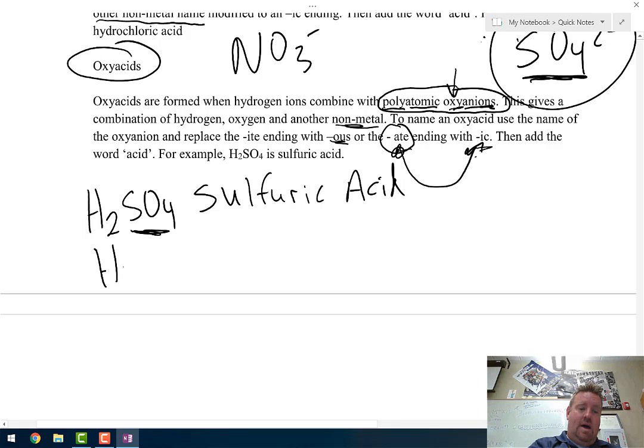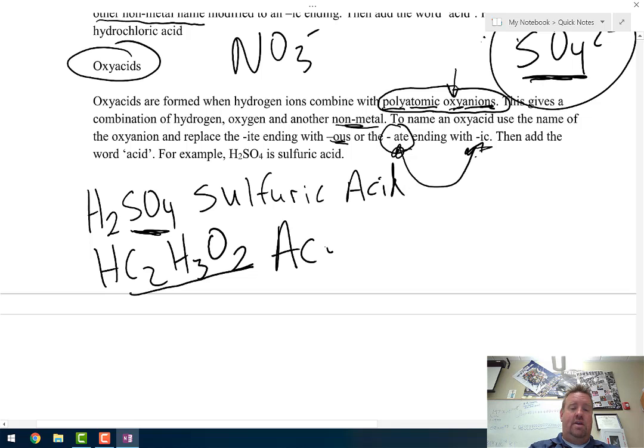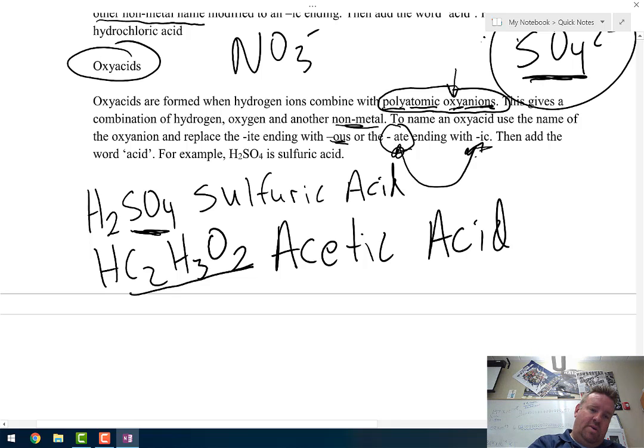Another one, HC2H3O2. This right here is acetate, and so acetate becomes acetic acid. And again, notice here when we did the formula, here there's 2 hydrogens, here I only put 1 hydrogen.